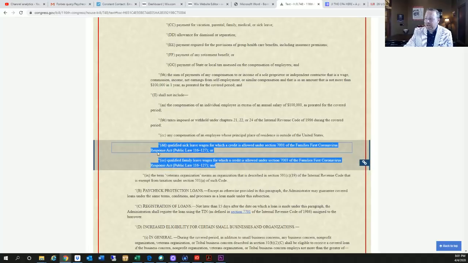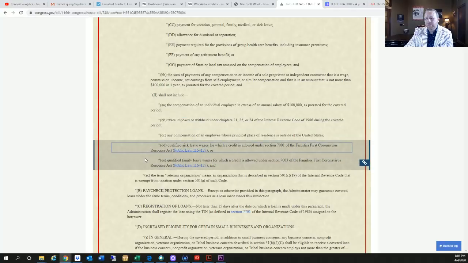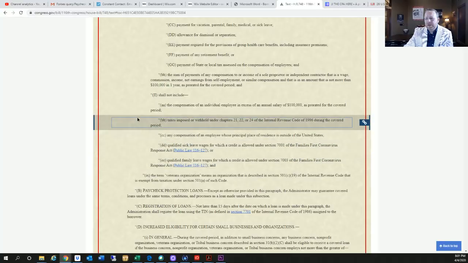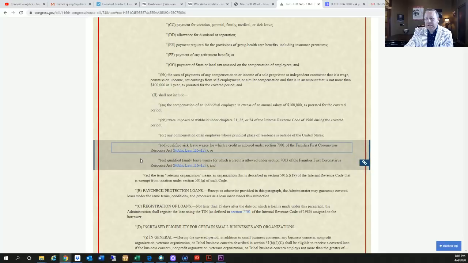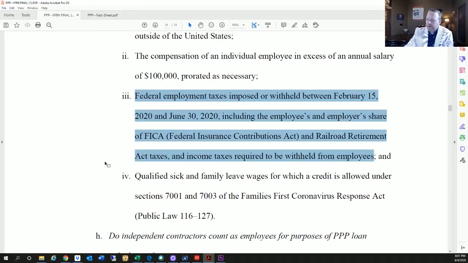Okay, now you're going to look at this and go, I don't know that I'm with you anymore, JJ, because this says this, and then we're down to DD, and we're down to EE. Well, let's go here. Qualified sick and family leave wages for which a credit is allowed, Section 7001. The Families First Coronavirus Response Act, that's what I'm talking about here.